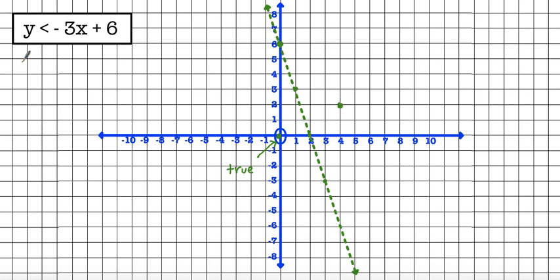So the y value is 2, which is less than negative 3 times 4 plus 6. So 2 is less than negative 3 times 4, which is negative 12, plus 6. So 2 is less than negative 12 plus 6, which is negative 6. So 2 is not less than negative 6, so this is not true.